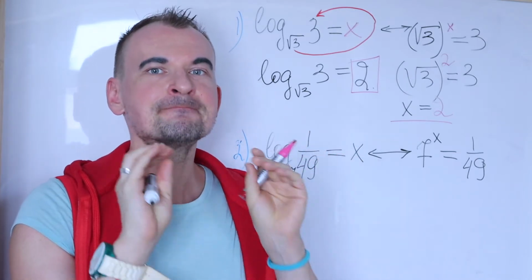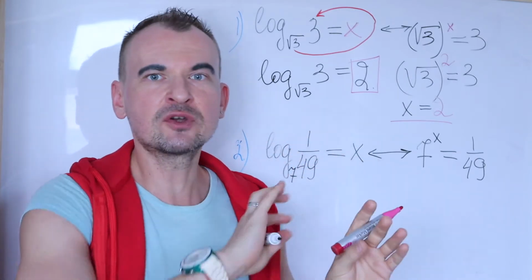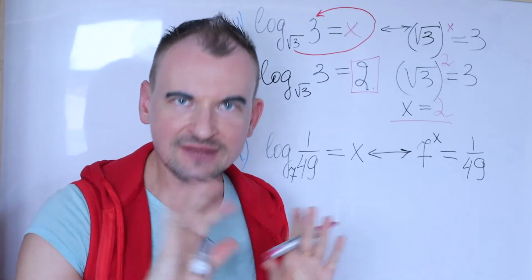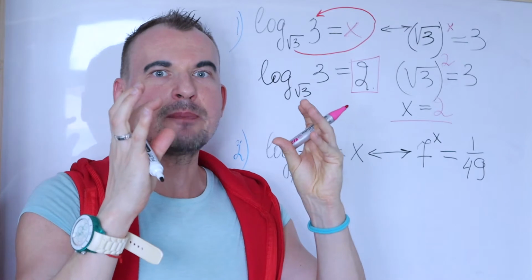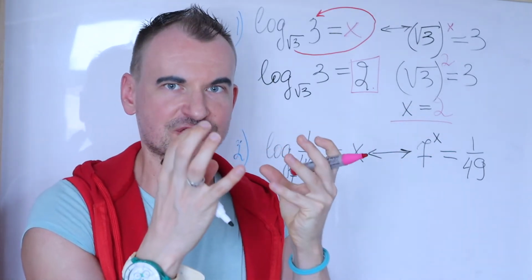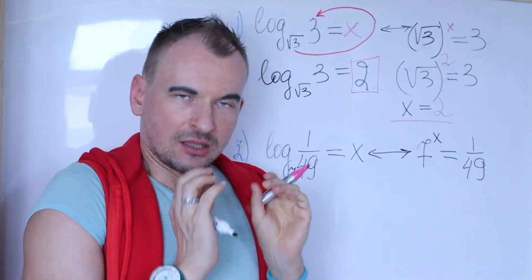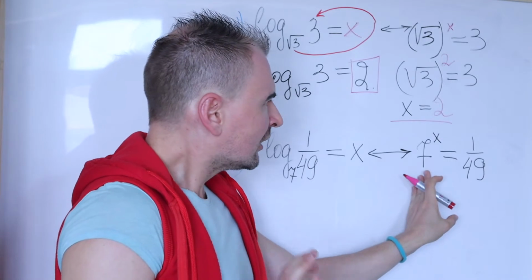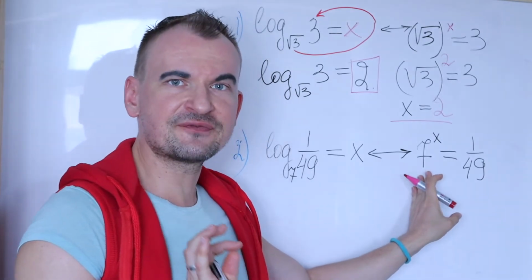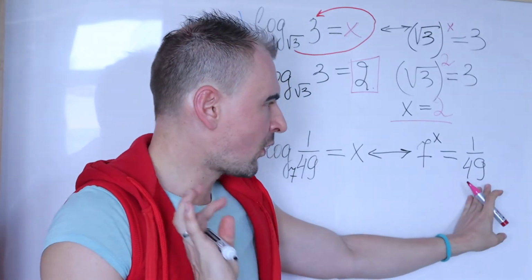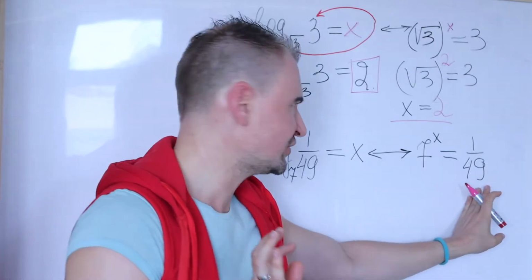As soon as we have the same base, we could simply drop them off, ignore them, leave them behind, and set the powers of your exponential equation equal to each other. So we want to somehow have this base 7 appear on both sides of your equation.